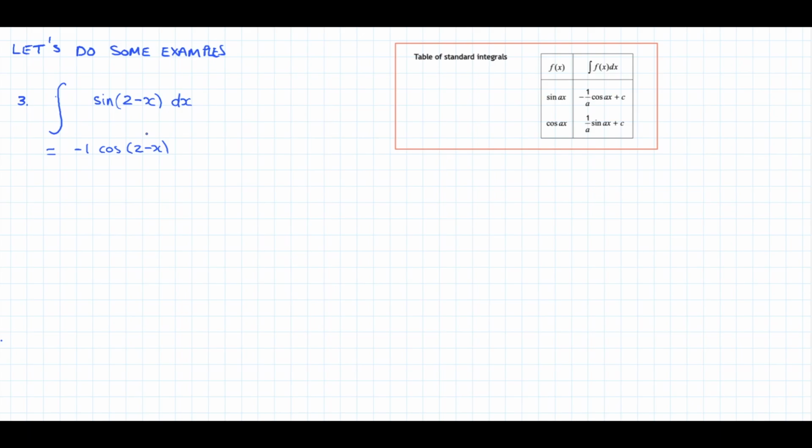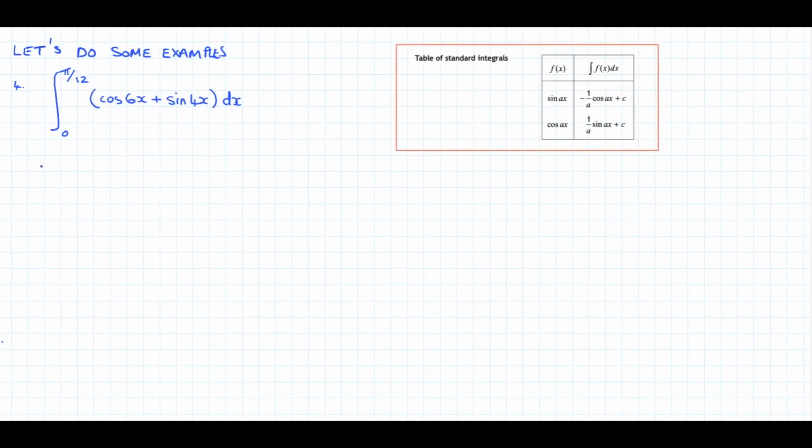So the coefficient here is negative 1. So this is negative 1 over negative 1 cos 2 minus x and plus c because it's an indefinite integral. So that is equal to cos 2 minus x plus c.